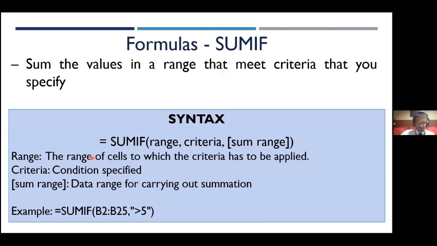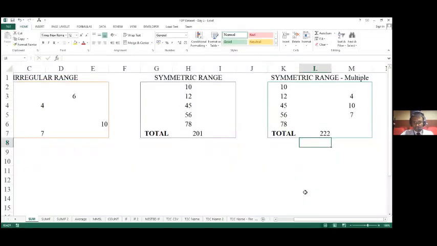Now, the syntax for this I have mentioned here in the PPT at the end of today's session. Like yesterday, I shall be sharing the handouts with all of you so that you can refer to them. Just in case you want to learn this at a later stage, you can refer to my presentation as well. So now let's go back to Excel and look at the demonstration together.